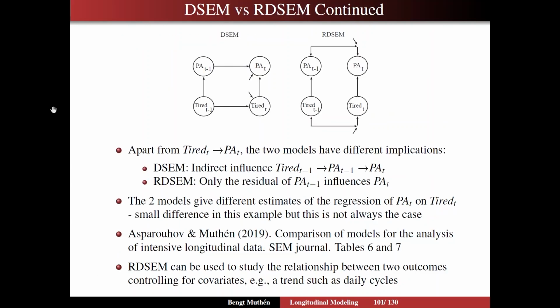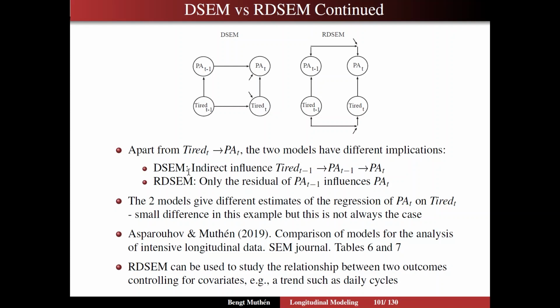On slide 101, we compare the two models from a more substantive perspective. So DSEM on the left here, apart from tired influencing PA contemporaneously in both models, the two models say different things, have different implications.